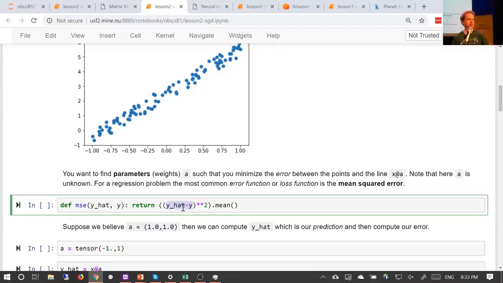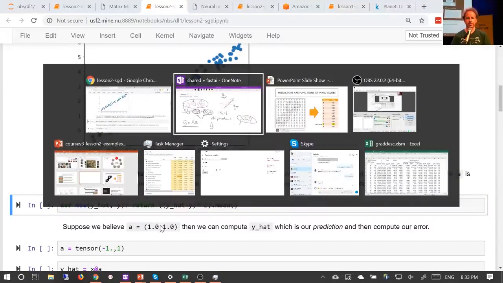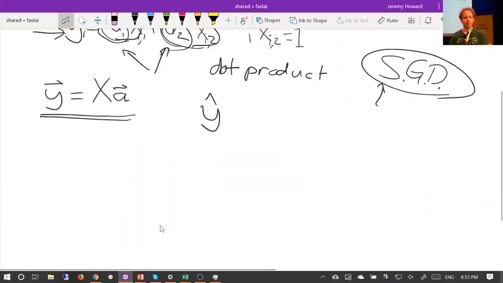And so we end up with a vector of differences. And then if we take the square of that, it squares everything in that vector. And so then we can take the mean of that to find the average square of the differences between the actuals and the predicted. So if you're more comfortable with mathematical notation, what we just wrote there was the sum of, which way around did we do it?